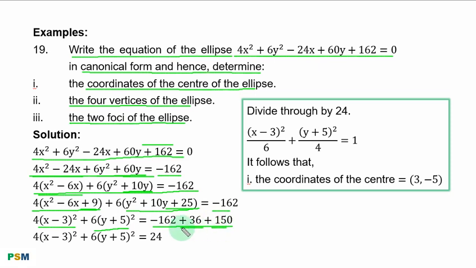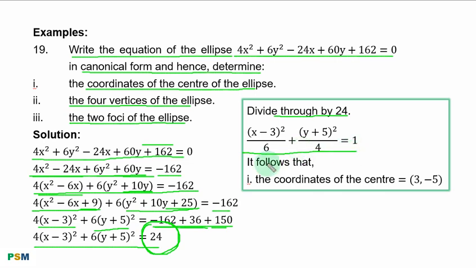When you simplify the right hand side, you have this result. In the required form, the right hand side is always 1. To achieve that, divide through by 24. You have the required form.